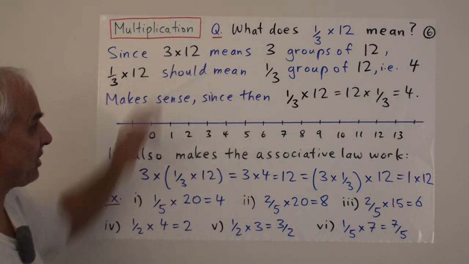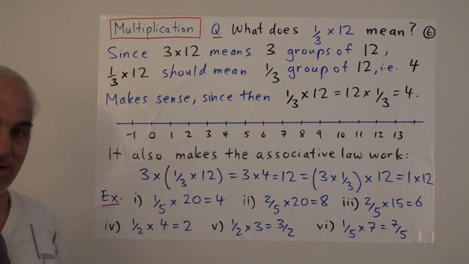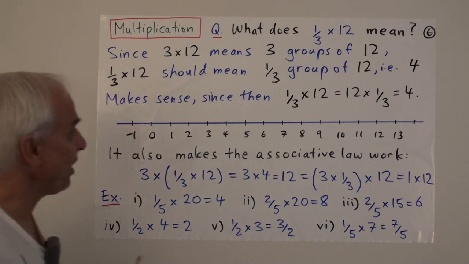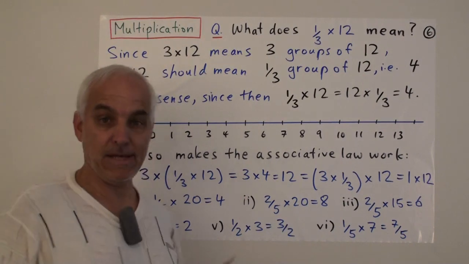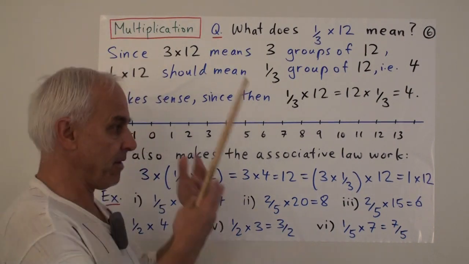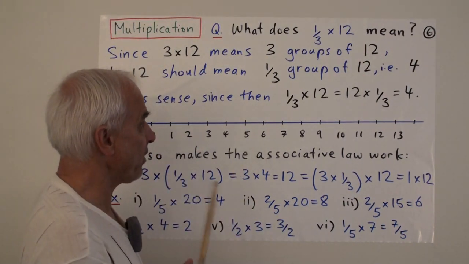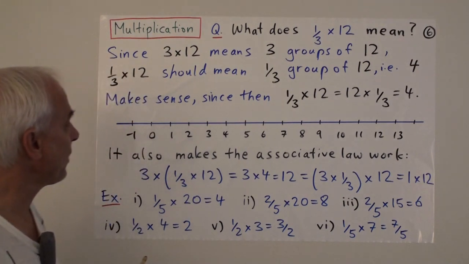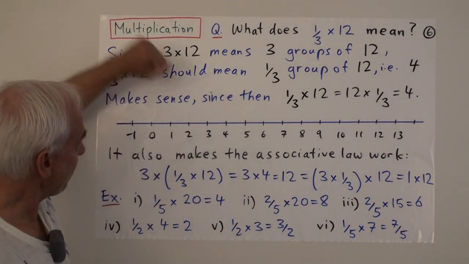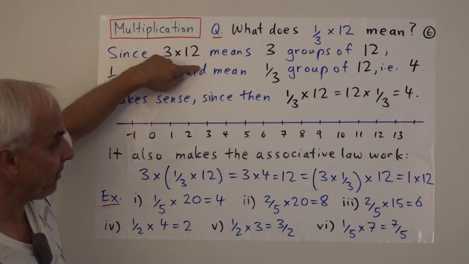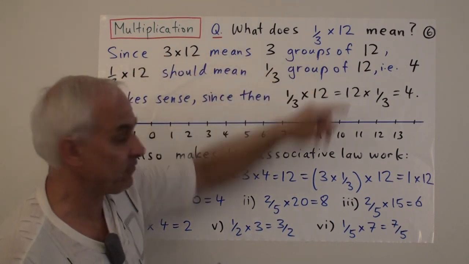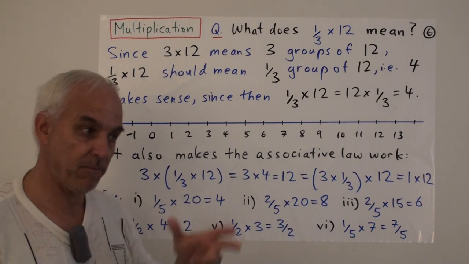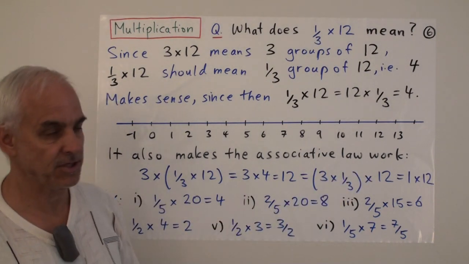So now we're going to have a look at multiplication involving fractions. Let's start off with a relatively simple example. What does 1/3 times 12 mean? Well, let's remind ourselves that when we have 3 times 12, we think of that as meaning 3 groups of 12. 12 plus 12 plus 12, which is 36.